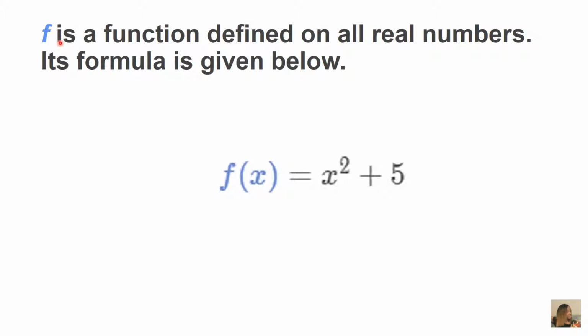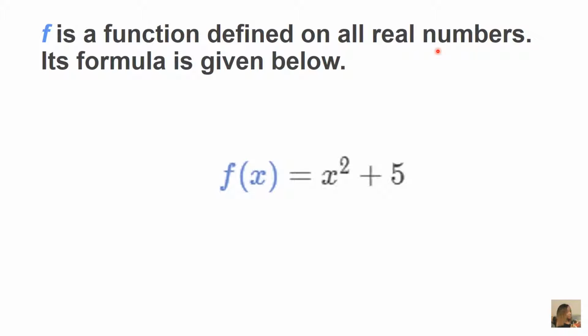F is a function defined on all real numbers. And just in case you forgot what a real number is, it's the numbers we normally use, such as 1, 15.8, negative 0.1, 3/4. So basically all positive and negative numbers, whole numbers, decimals, or fractions.